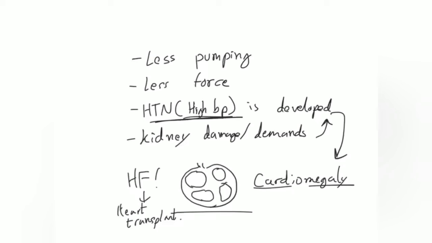Okay, so we did go over a lot of stuff. And what I want to say is just keep this in mind. There is a lot more information than this, but this is just the very basics of the pathophysiology of heart disease. I hope this helped at least give some insight into what heart disease is.